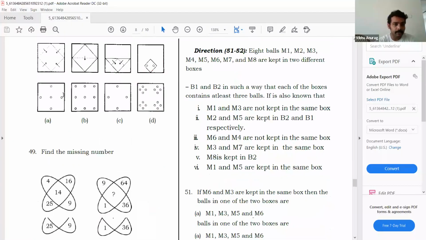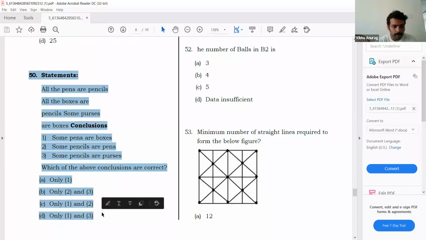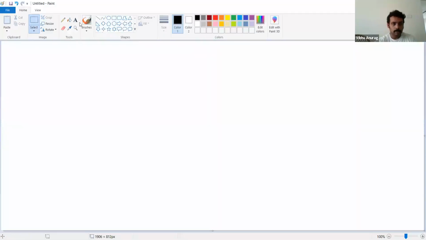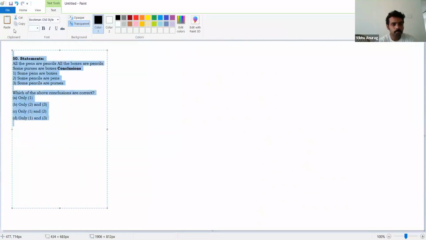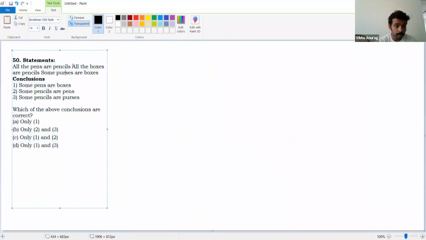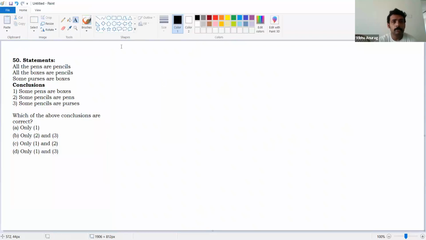Then let's see this 50, this syllogism question. Okay, let's do this. Let's see my statements first.